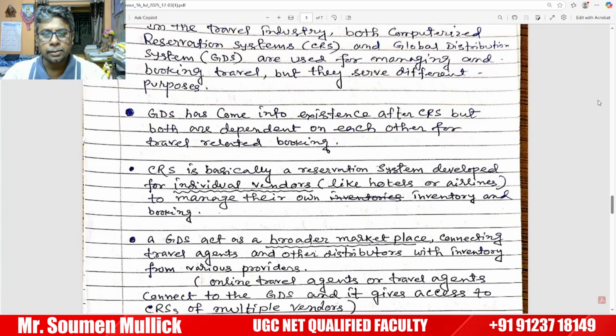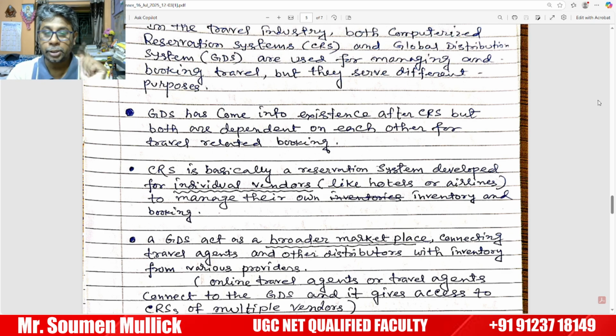Now, CRS is basically a reservation system developed for an individual vendor. You have to keep in your mind that CRS is a reservation system developed for an individual vendor like a hotel or airline to manage their own inventory and booking.